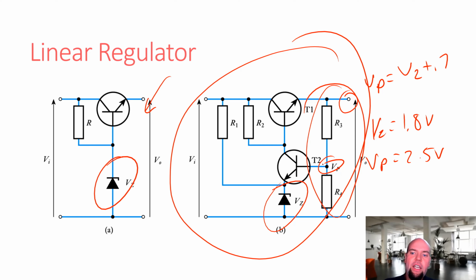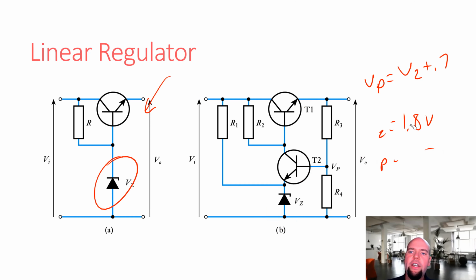All we have to do to change the regulated output voltage is change that ratio of resistors R3 and R4, and that's a programmable linear regulator. So this is probably more common. You'll see this more often. This programmable linear regulator is sort of the more standard type. A little more versatile.